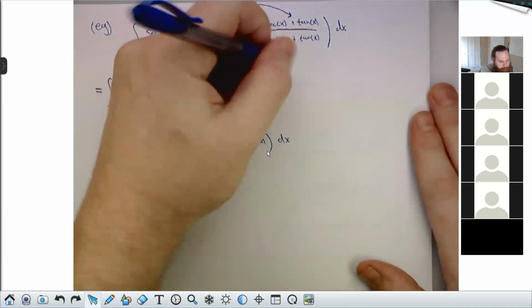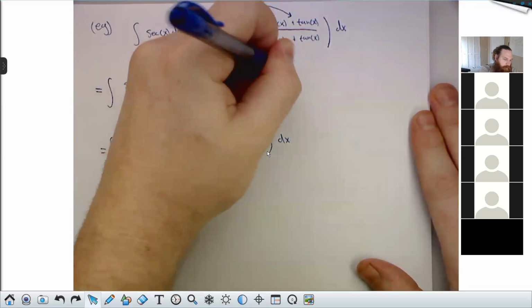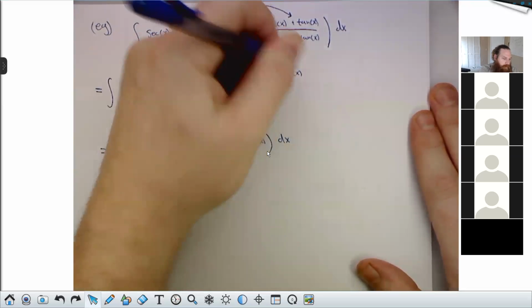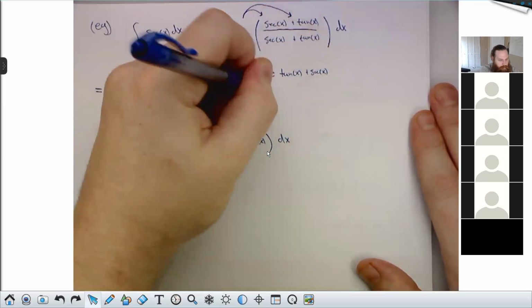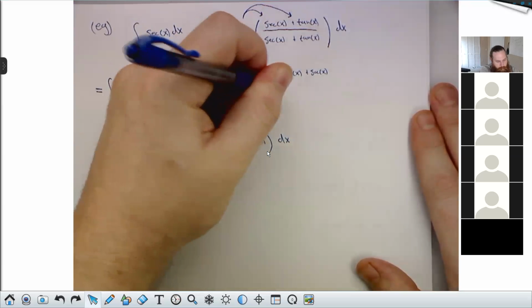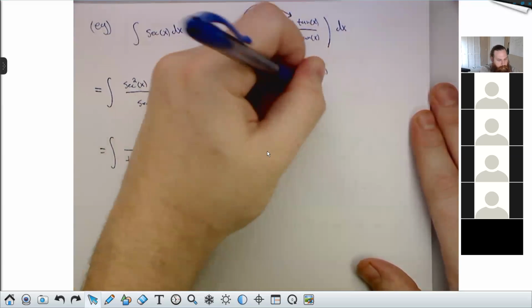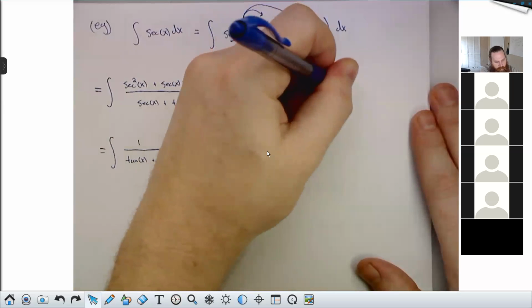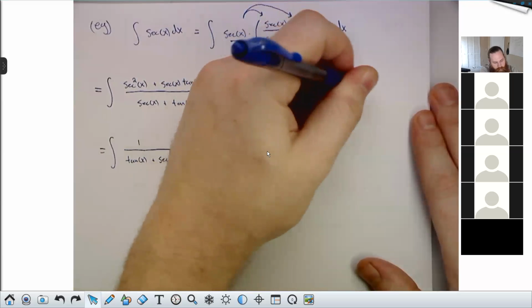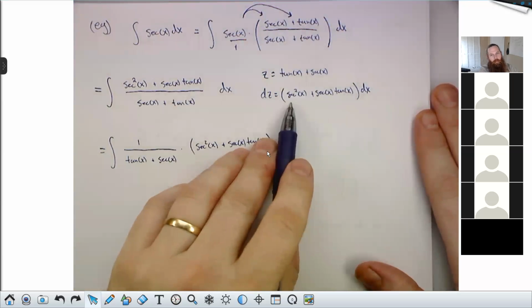Very good. So if we make the substitution, z equals tangent x plus secant x, then dz will be secant squared x plus secant x tangent x, all times dx. And remember those parentheses I talked about earlier, they're important here.